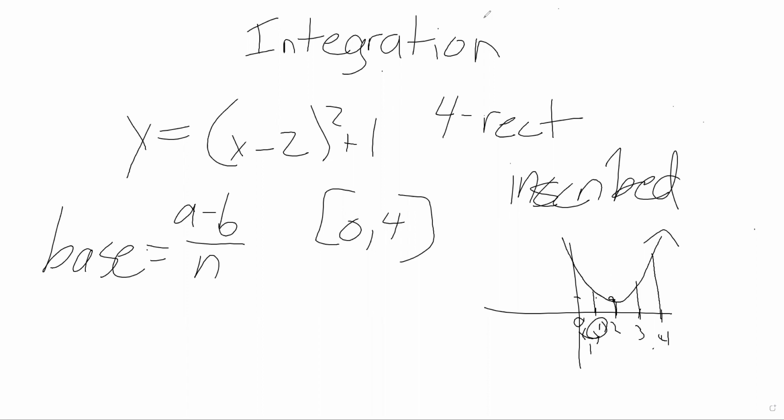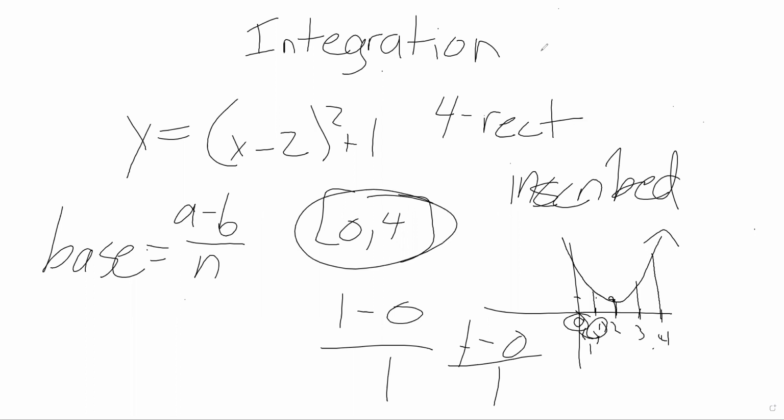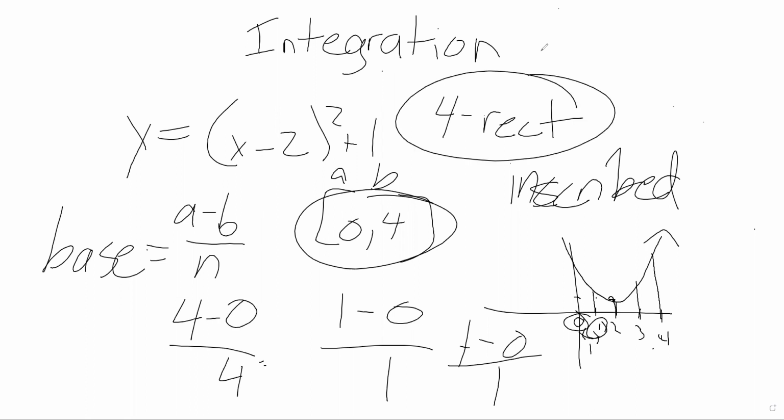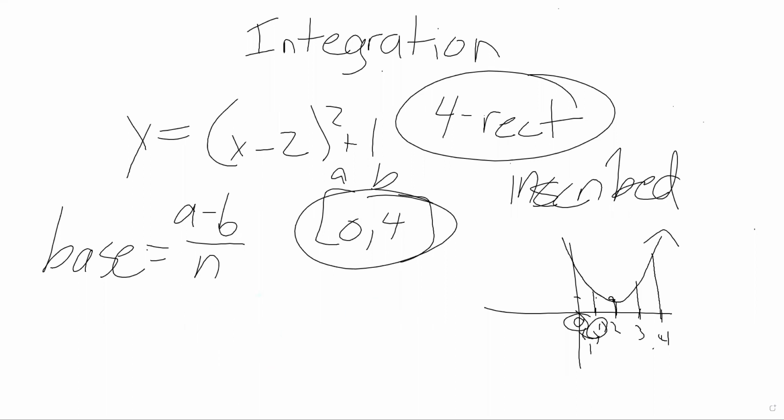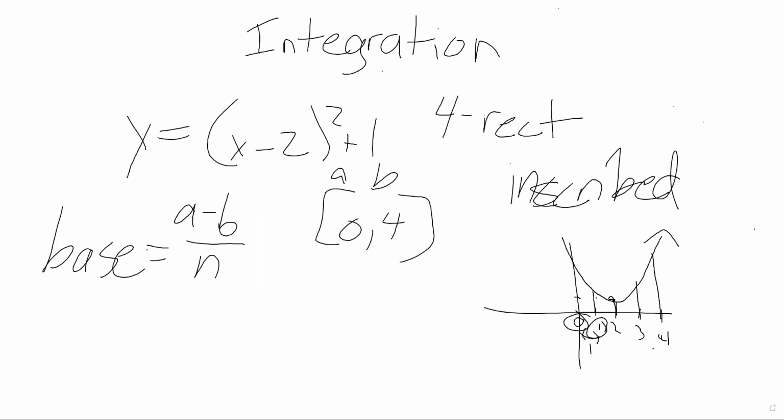This is your a, this is your b, so you do 4 minus 0 over the 4 rectangles, which equals 4 over 4, which equals 1. That's just how I got the length of the base, just in case anyone was confused. I would memorize that formula. It's good for the later example that we did.